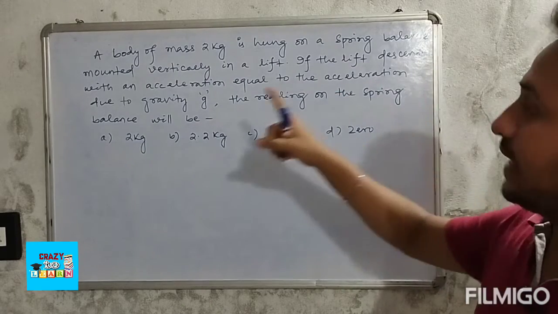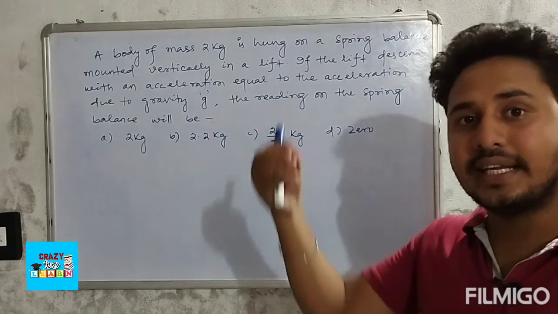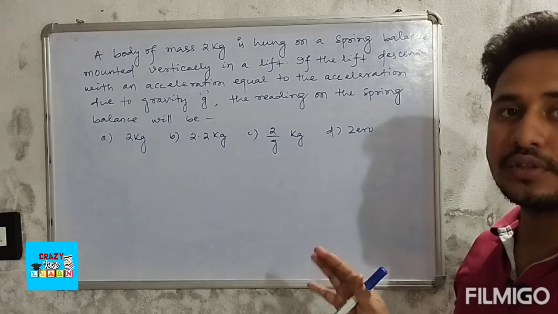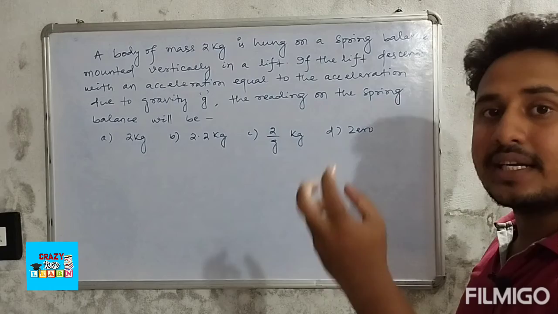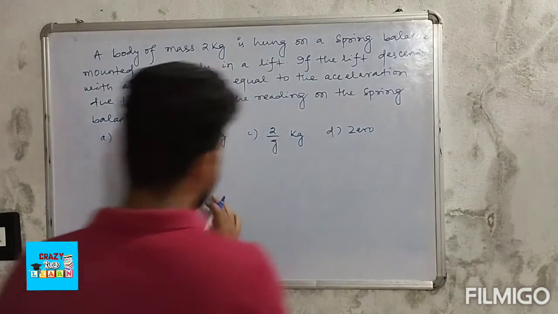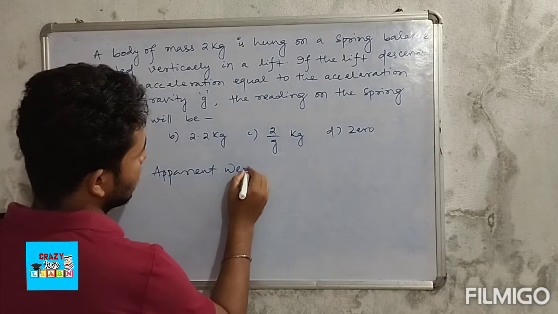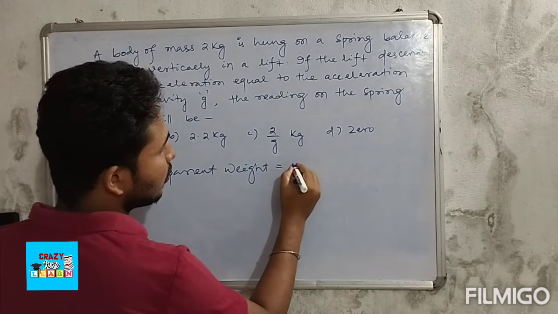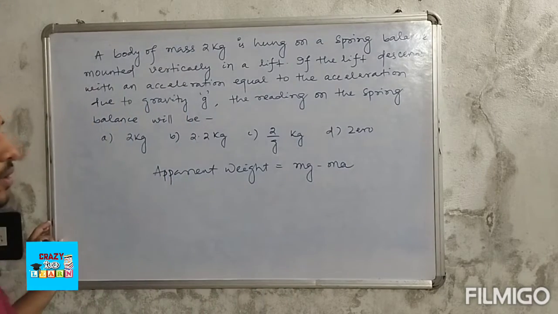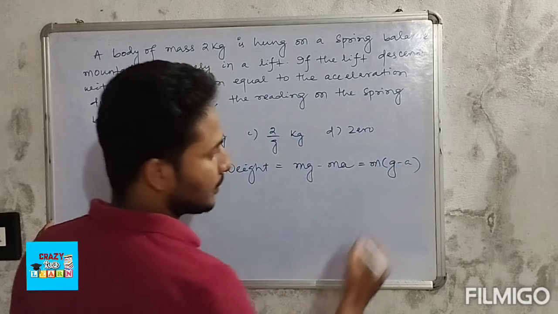The lift descends, that means the lift is accelerating downward. And in my previous videos I already discussed, when the lift accelerates downward, the apparent weight of the body is equal to mg minus ma, or we can write m into (g minus a).